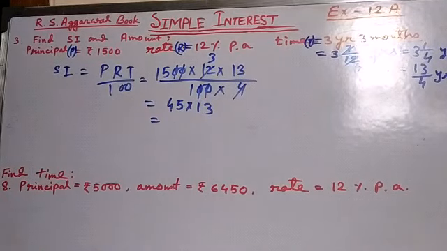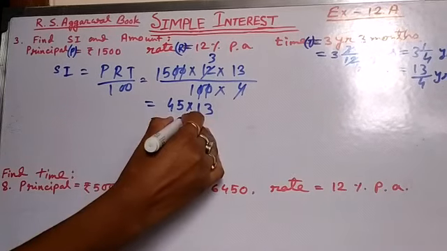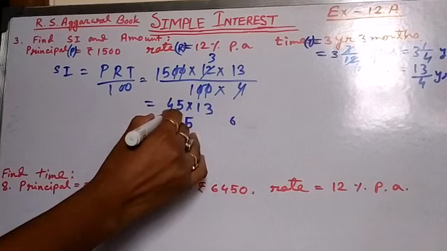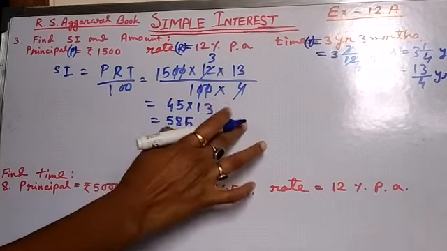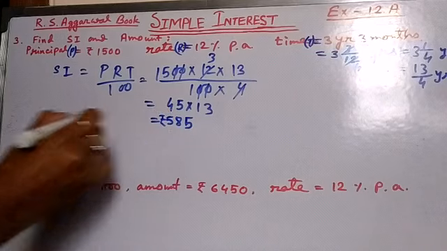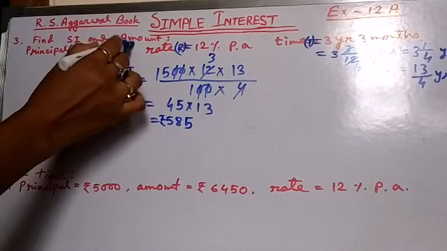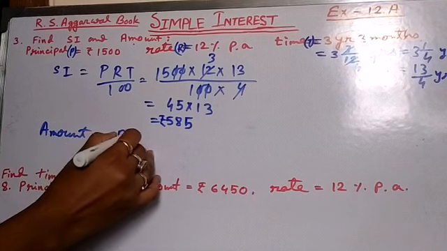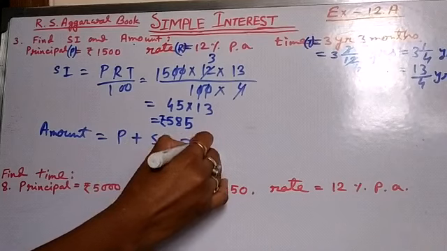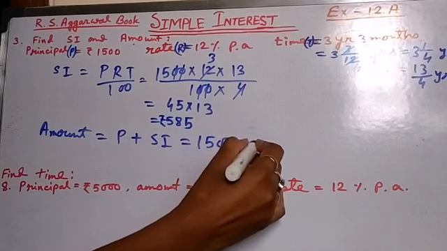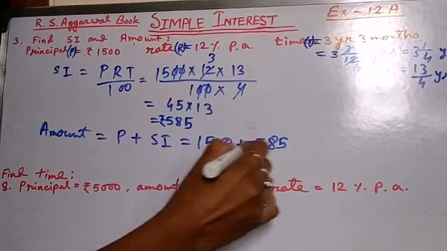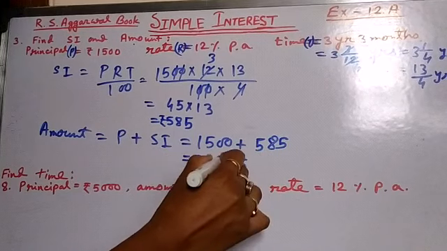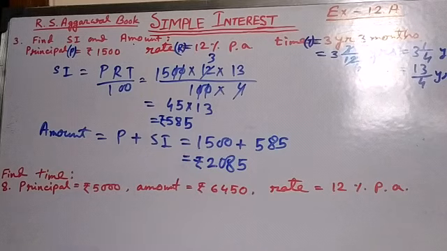That means 13 5s are 65, 6 carry, 52 and 6, that means 58. This is simple interest. So amount also we have to find out. Amount equal to principal plus SI, that means 2,085.